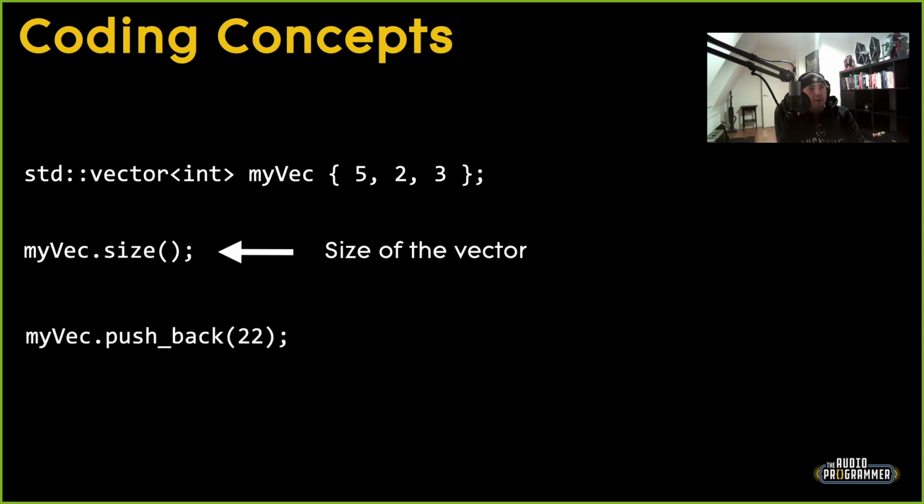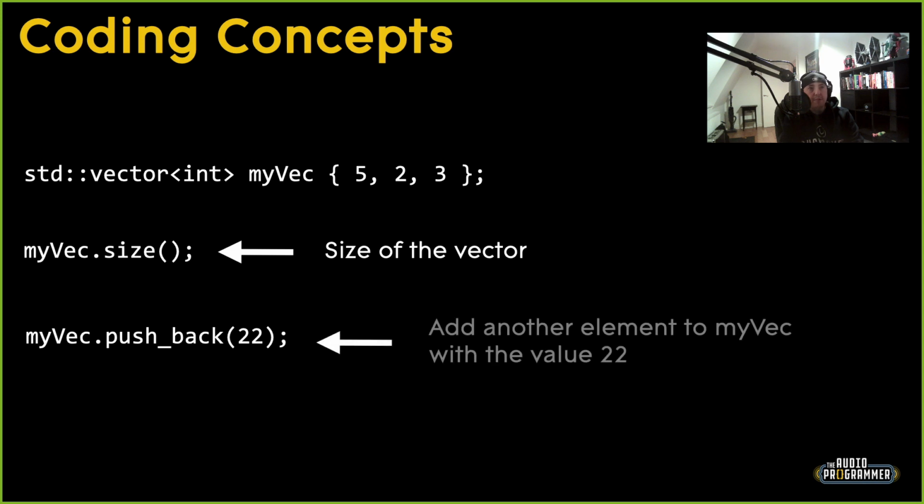Another one is myvec.push_back, and then in parentheses we have the value 22. This means add another element to the end of myvec with the value 22. So in this situation, we would have 5, 2, 3, 22.